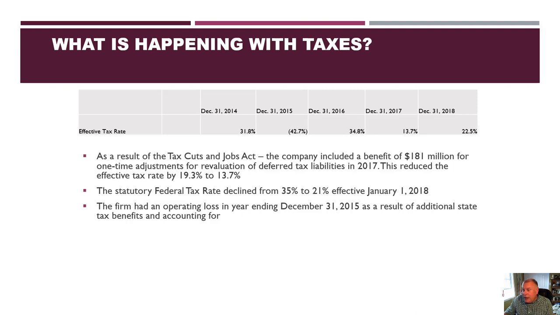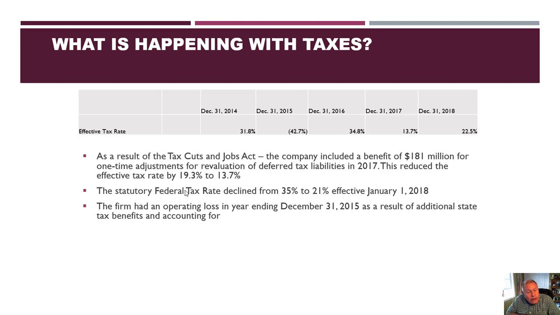What's happening with taxes? Well, we can see the effective tax rate. So what I did is I converted it from the percentage of income to the effective rate. And we can see some interesting things happening here. But as a result of the Tax Cut and Jobs Act of 2017, the company had $181 million for one-time adjustments as they revalue the deferred tax liabilities.